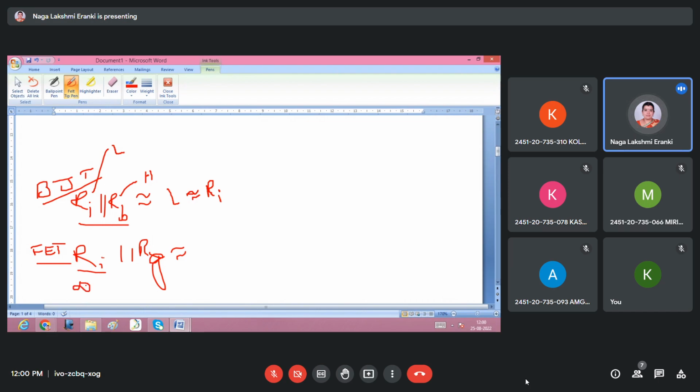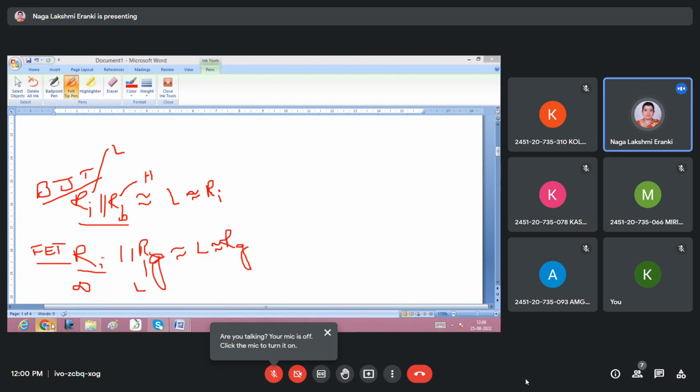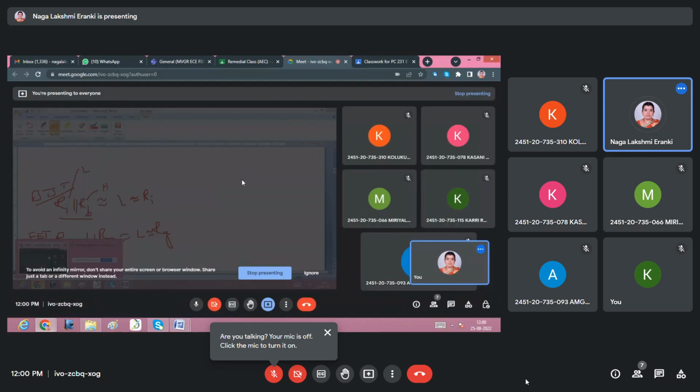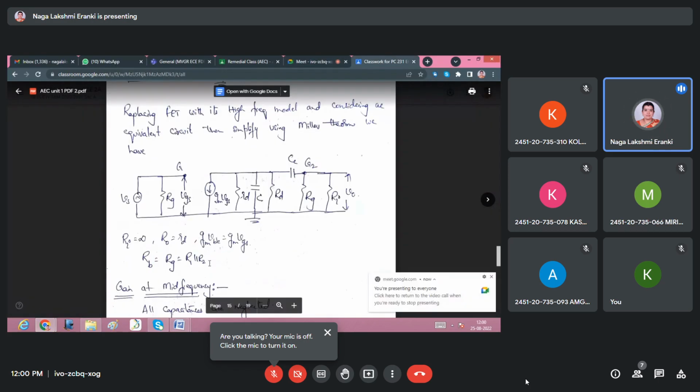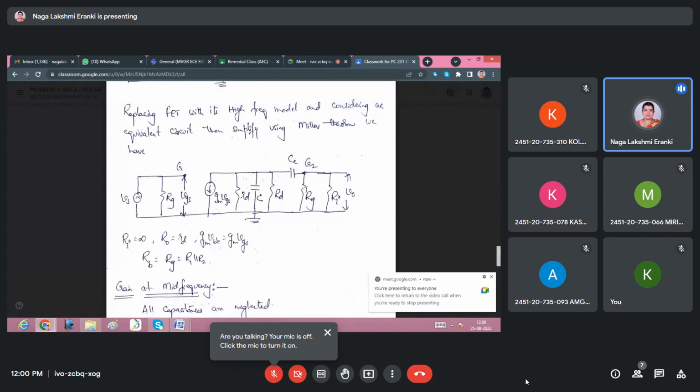Ra is infinity, RG value is low. So the effective parallel combination is low, which is nothing but RG. That is why we considered RG here. In the given circuit we had to consider RG parallel to RI, because RI is infinity.